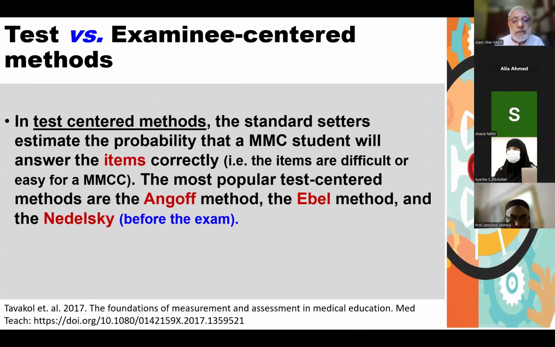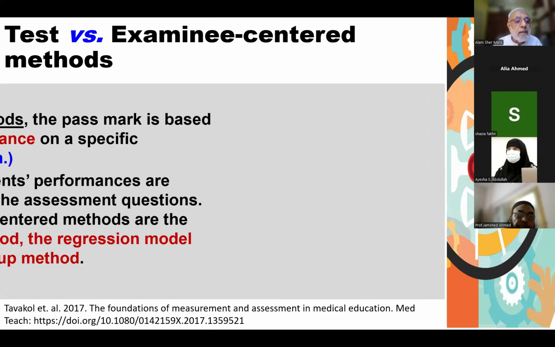The most popular test centered methods are Angoff, Ebel, and Nedelsky, and these are done before the examination. That's important to understand: they are before the examination is conducted. So looking at the questions, we would have a criteria before the examination.